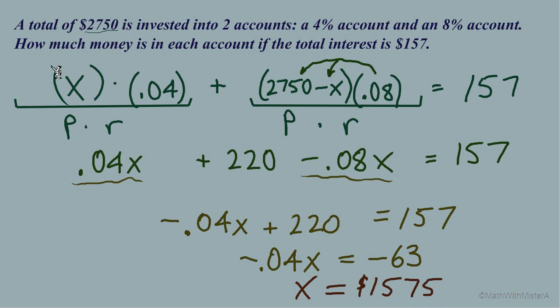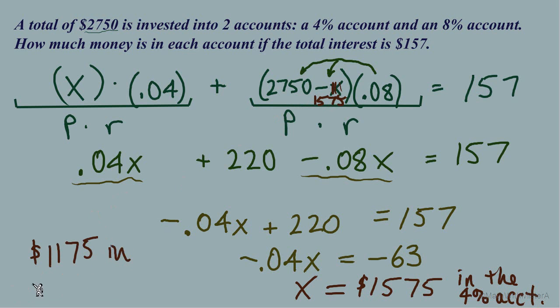Now x was the amount in our 4% account, and the 8% account was $2,750 minus x. And now we know that x is $1,575. So this difference, $2,750 minus $1,575, leaves us with $1,175 in the second account, the 8% account.